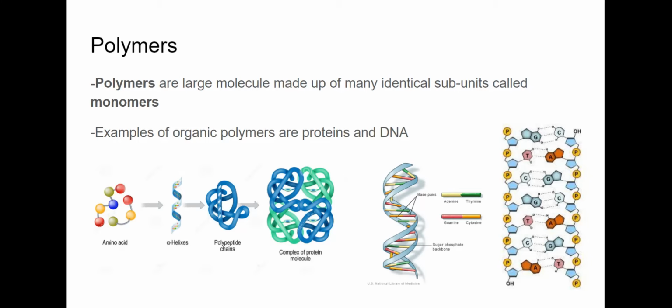Proteins are examples of polymers. You can see in this left thing here, I've got amino acids, and they fold up and make different proteins. So proteins are polymers made up of lots of amino acids, which are the subunits.